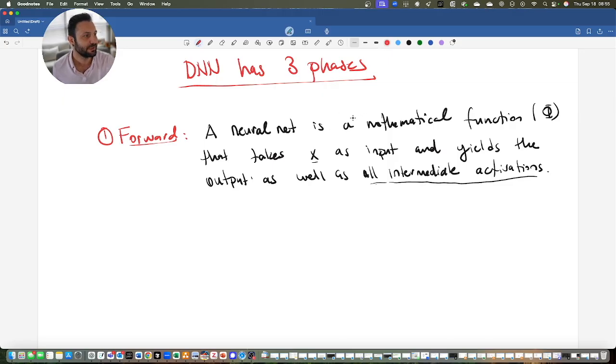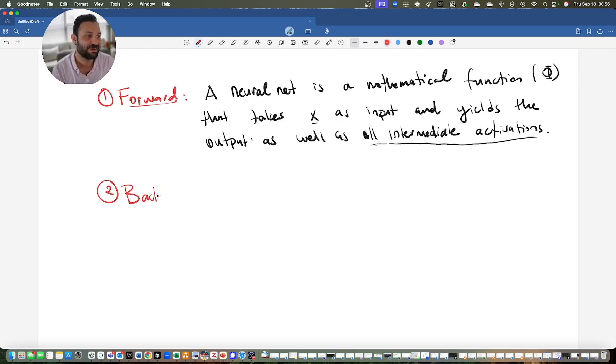Let me do the three phases, and now we can continue with what the forward mode does as a function. Since we have described forward, there's a backward. In the backward mode, we calculate the derivative of every weight with respect to the output, right?